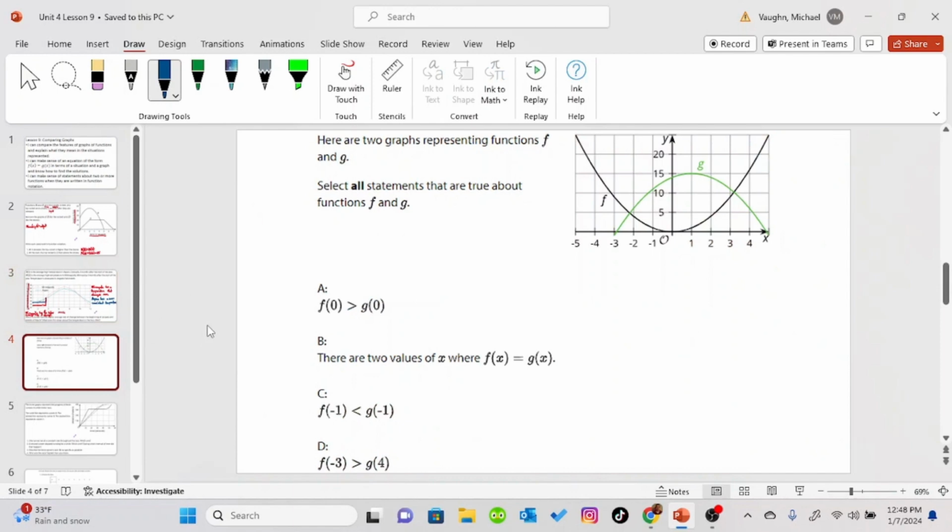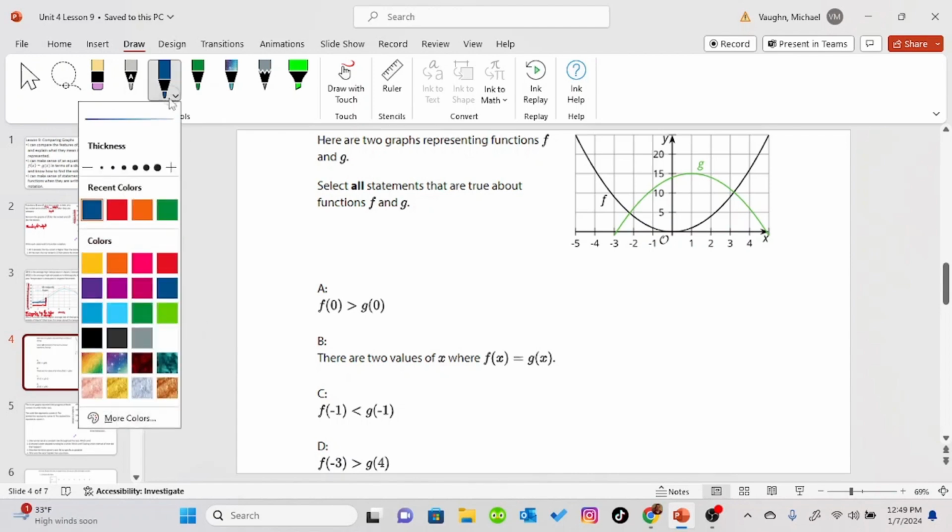Here are two graphs representing functions f in black and g in green. Select all statements that are true about functions f and g.